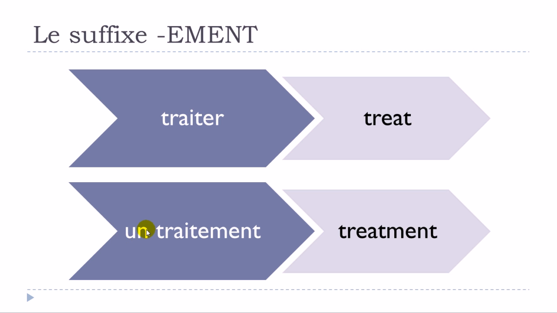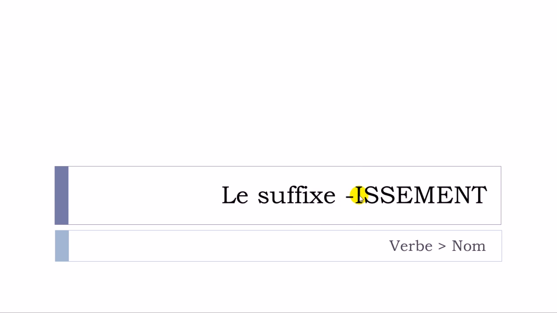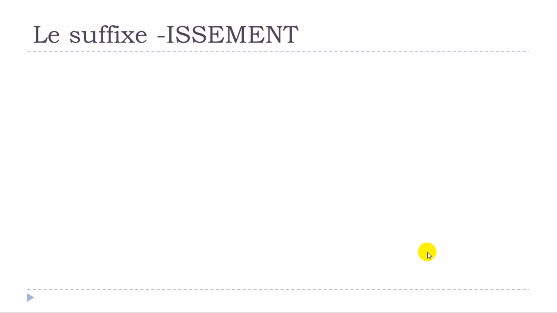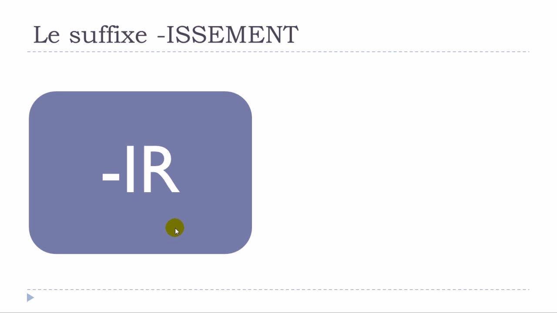Le suffixe isement, okay? And the idea is to see how we could make nouns or substantives starting from the verbs. We're talking here about the verbs that belong to the second group of verbs, ending in ir.